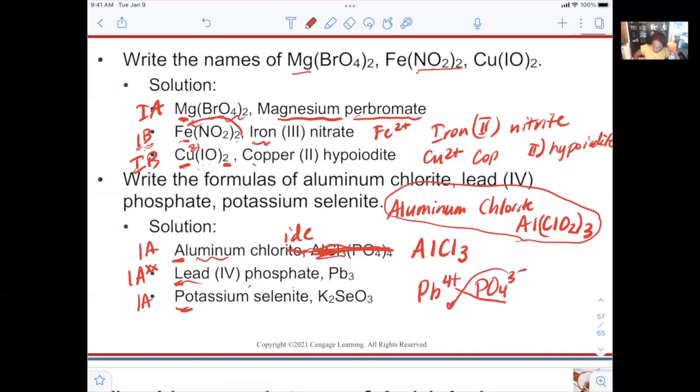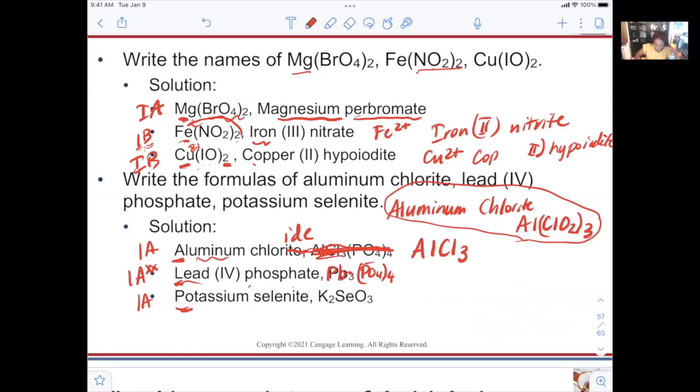Put this down here, put that down here, we get lead 3 PO4, 4. That's what happened to this. So lead 4 phosphate, I guess to fix it here, I can fix it right here. I'll just add the PO4, 4 down here, and that fixes that. Okay. Yeah, this slide got messed up really bad.